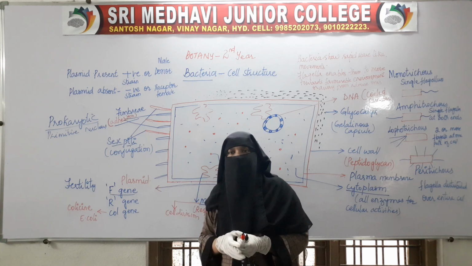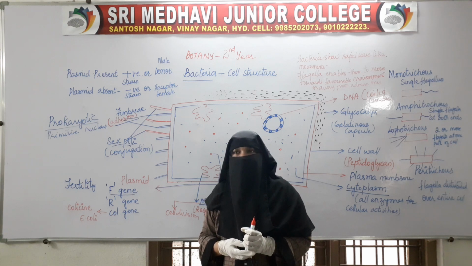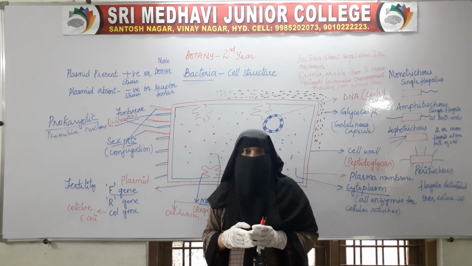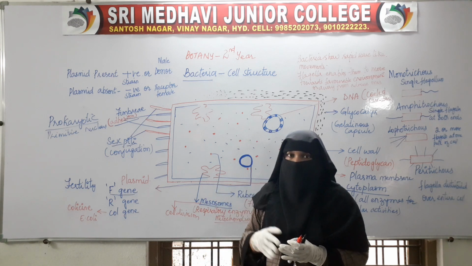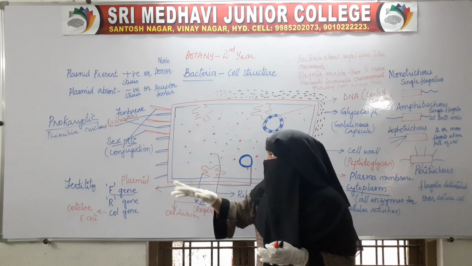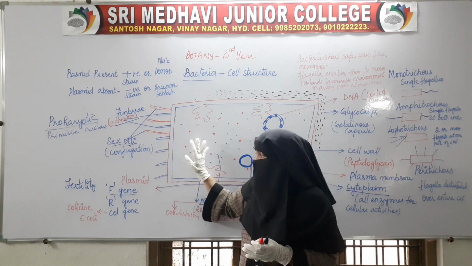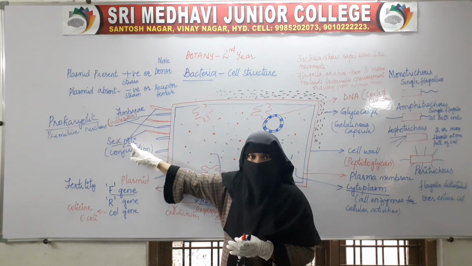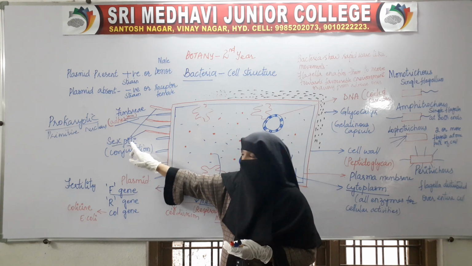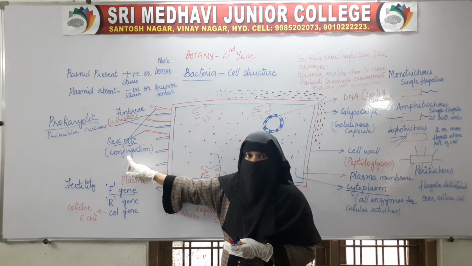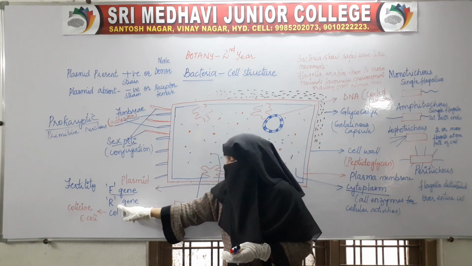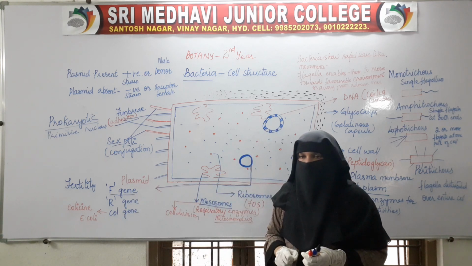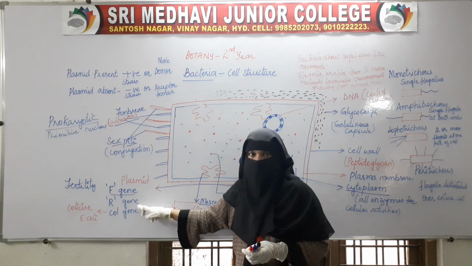Conjugation is one method of reproduction in bacteria. We will see that in another class. Just the general structure: the F gene helps in the production of sex pili, which help in the process of conjugation.